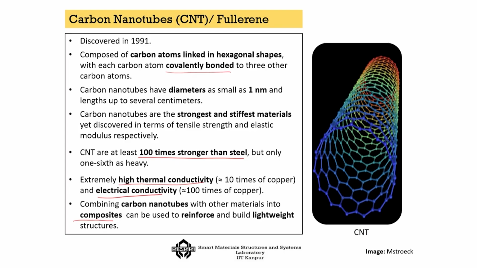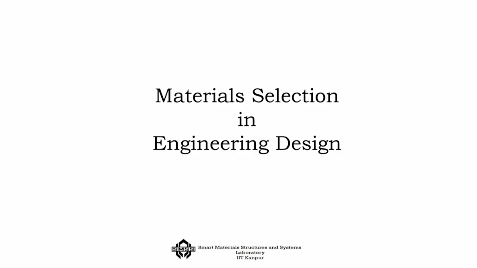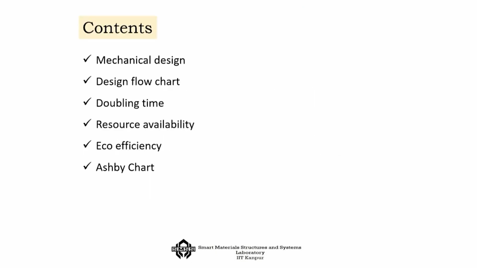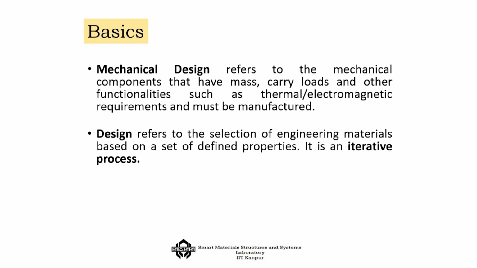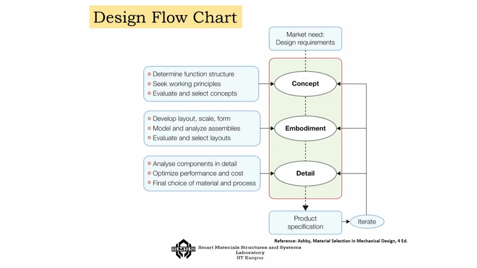So, with this little bit of background, we come to the material selection process. The important points here are the mechanical design, the design flow chart, the doubling time, the resource availability, eco efficiency and HP chart. One by one, we will go through all of them. And I have already given you the basics of this design, so I will not repeat it.